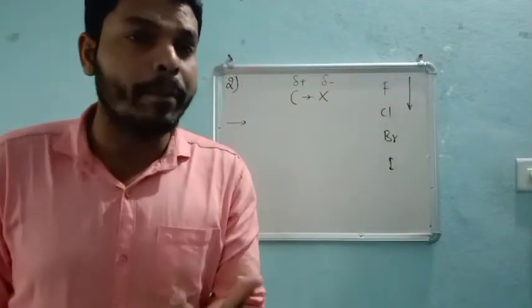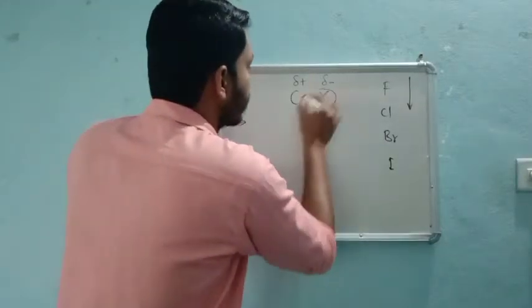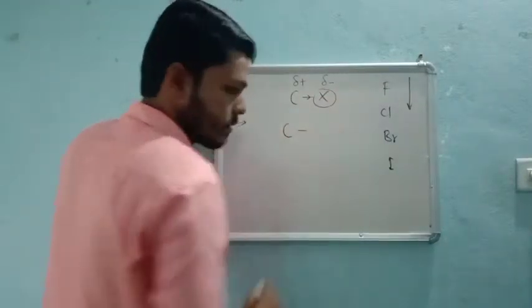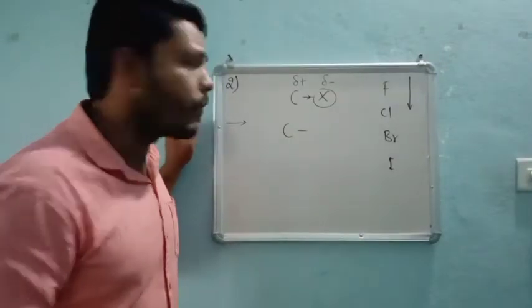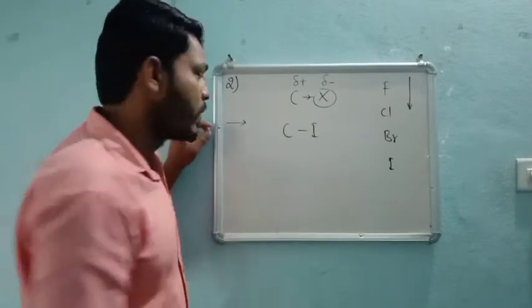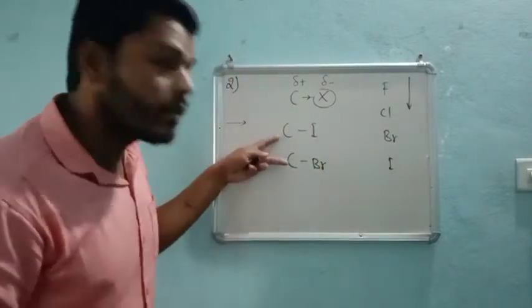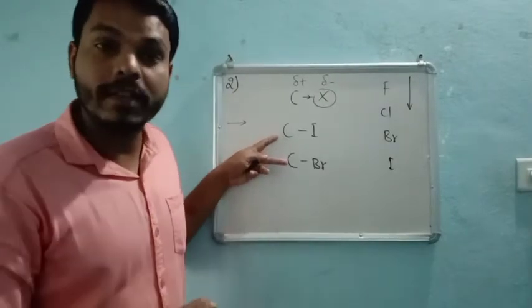So see here, what we are seeing with the carbon is only X. What if iodine is present with the carbon, that means the alkyl group? What if bromine is present, is there any difference? Yes, of course, there is a difference.